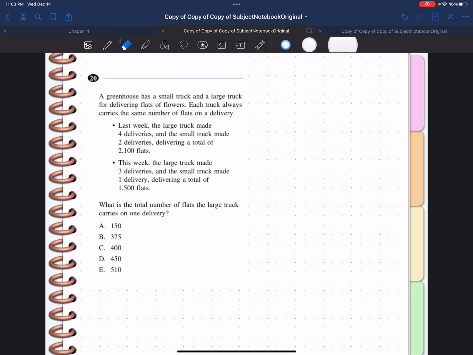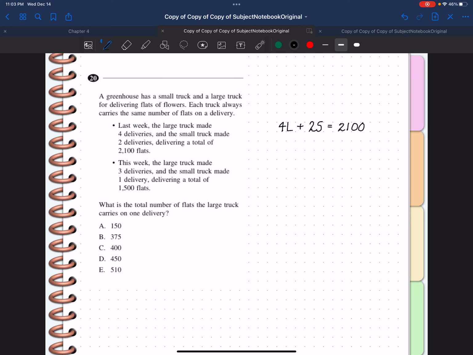So we sent the large truck out 4 times, and the small truck out 2 times, and together they were able to deliver 2,100 flats.